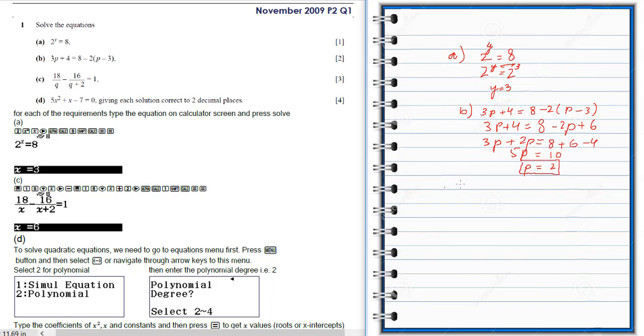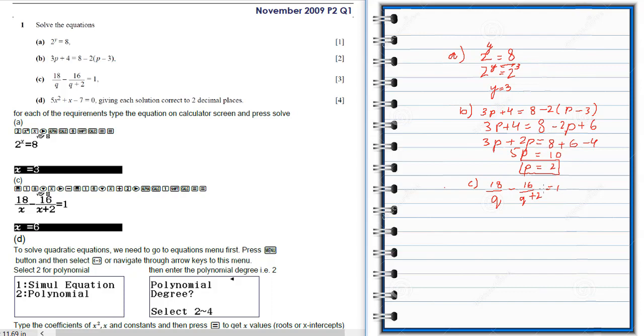Now part C. In part C we have to simplify the equation and then solve for q: 18 over q minus 16 over q plus 2 is equal to 1.